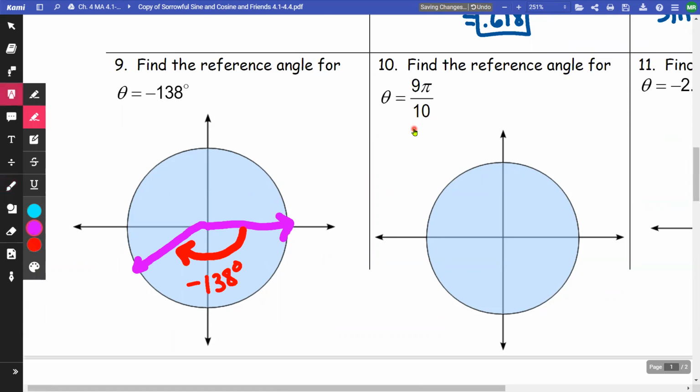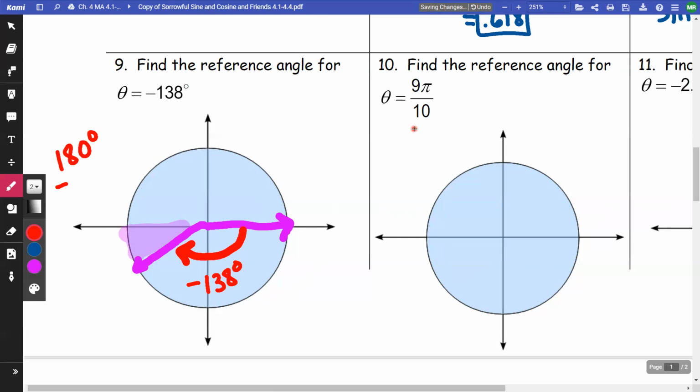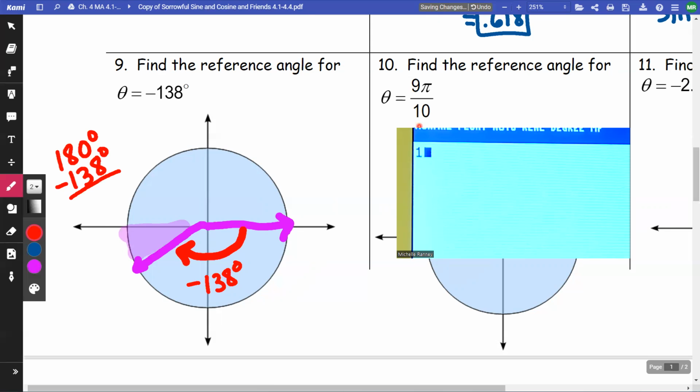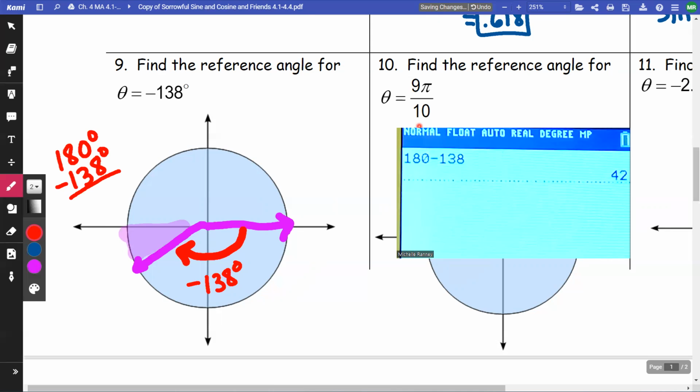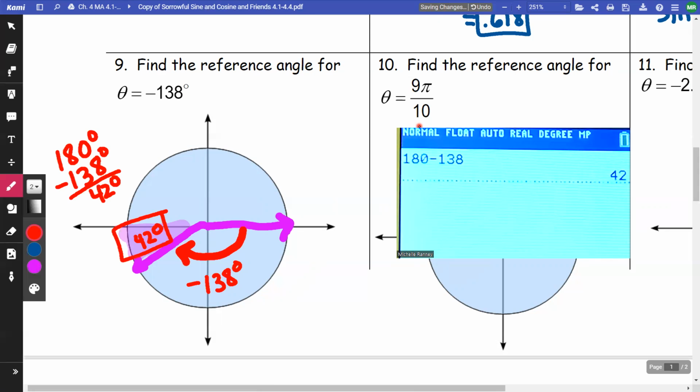Now, what I want is the rest of this. That's going to be my reference. How far is it to there? So what we're going to do is take 180 degrees and subtract 138 degrees. If I take 180 minus 138, I end up with 42 degrees. And so this is 42 degrees, and that is my reference angle.